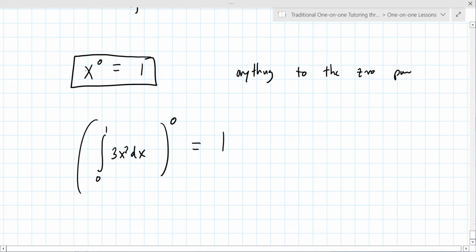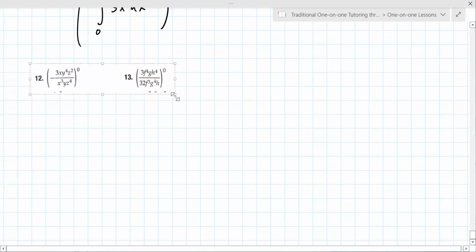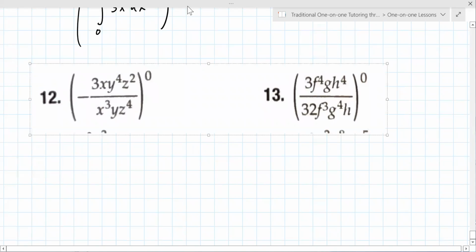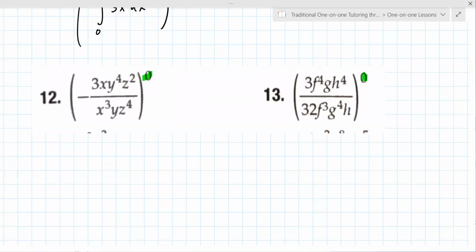You see these sometimes on quizzes where you've been doing a bunch of problems like we've been doing, and then the teacher will throw in a 12 or a 13 to mix it up. And your eyes have to be drawn to the exponent. Anything to the 0 power is 1.